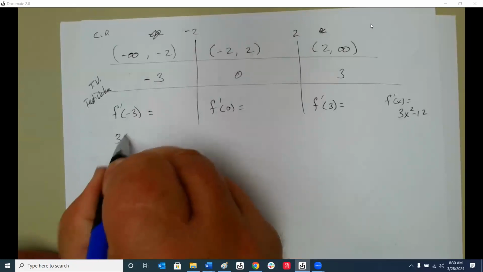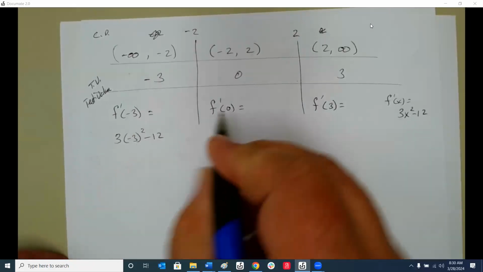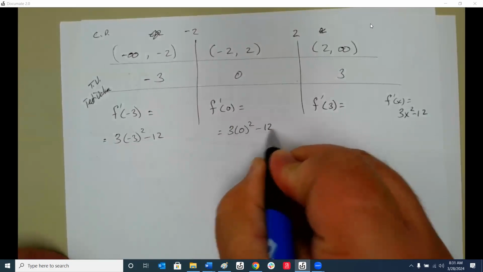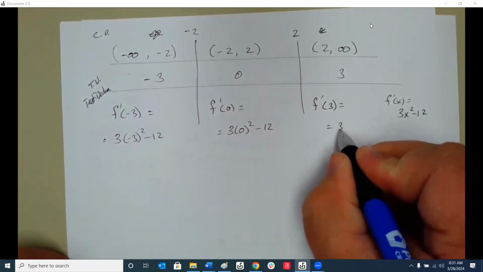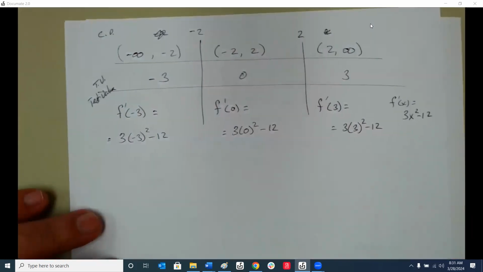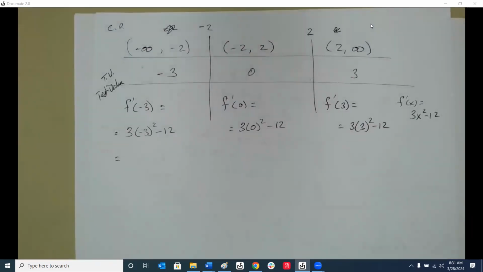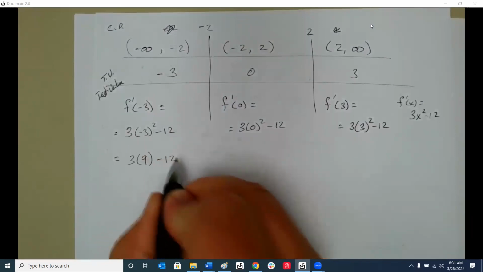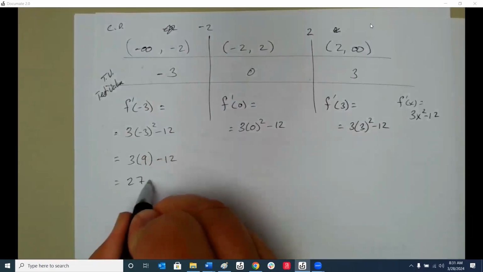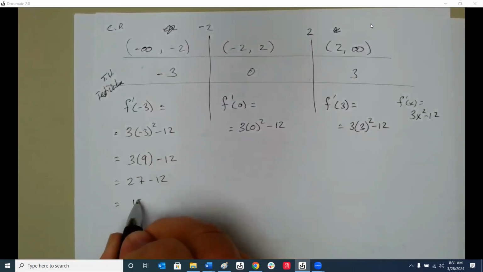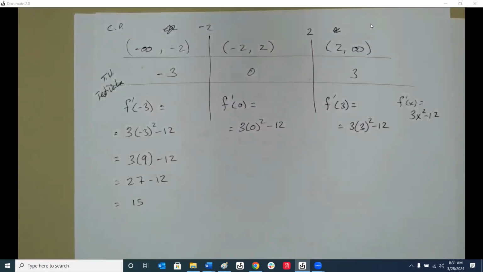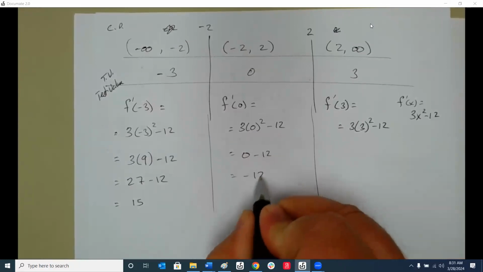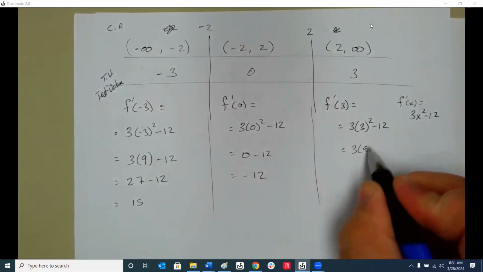So we have 3 times -3 squared minus 12. 3 times 0 squared minus 12. 3 times 3 squared minus 12. -3 squared is 9. 3 times 9 is 27. 15. 3 times 0 is 0. And we get the same thing.